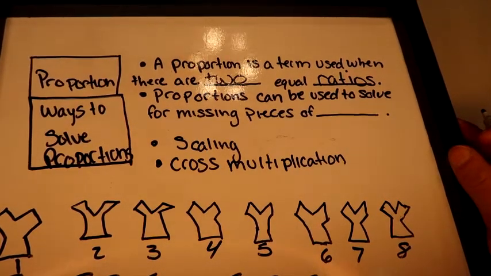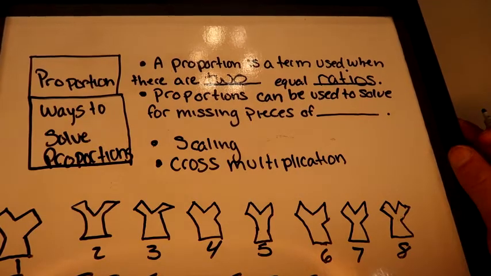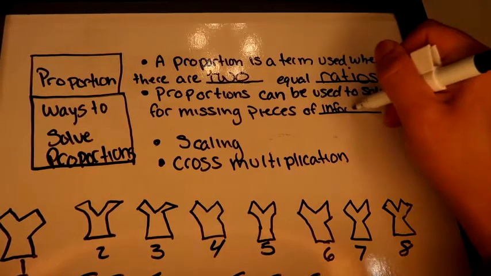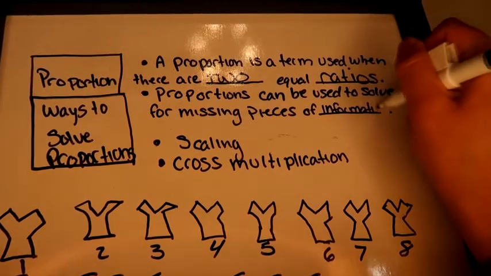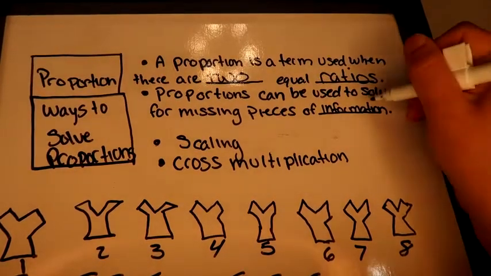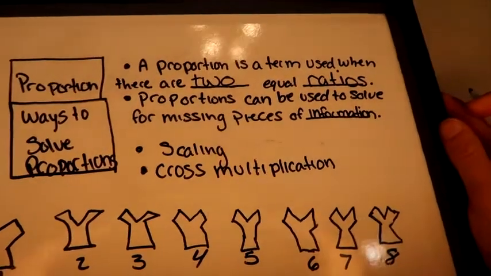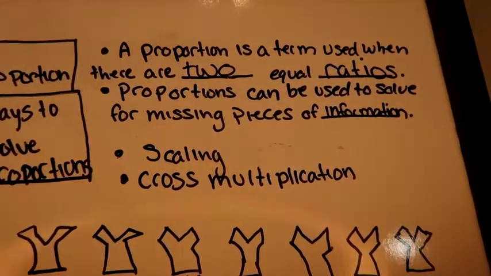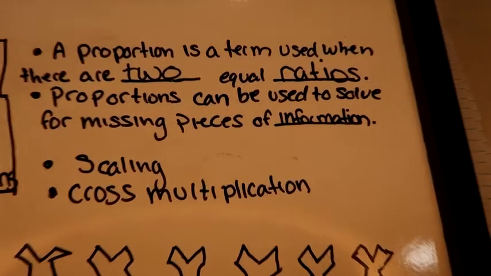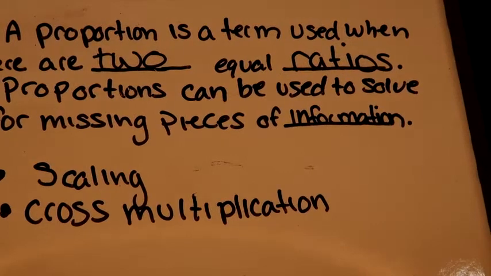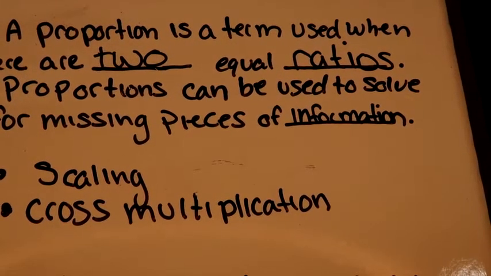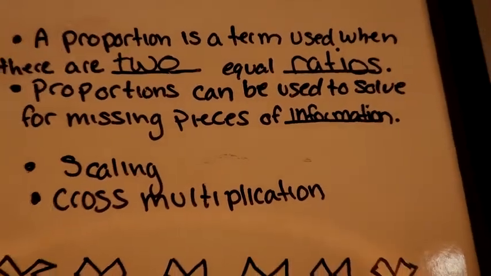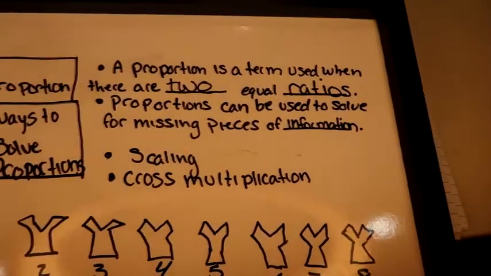Proportions can be used to solve for missing pieces of information. Okay. Information. And I'll try to zoom in a little bit so you guys can see that. I-N-F-O-R-M-A-T-I-O-N. Information.